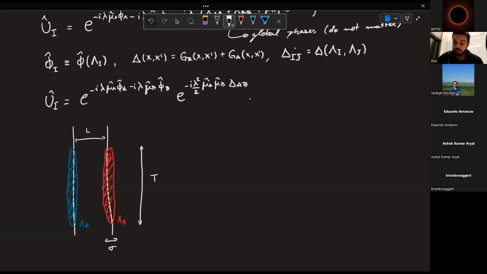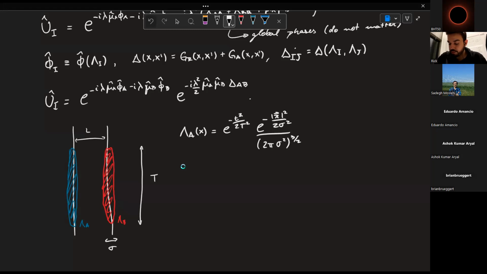Very specifically, the scenario that I'm considering is where lambda A of x is e to the minus t squared divided by 2 capital T squared, times e to the minus x squared divided by 2 sigma squared, normalized such that this is happening here.